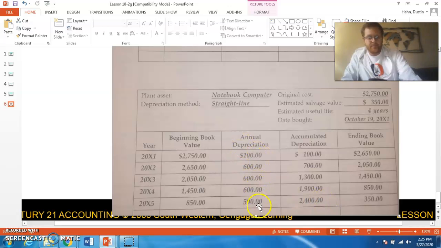If you guys look, this row resembles 1 full year. This row, 1 full year. This row, 1 full year. So right there's 3 years. This row resembles 2 months. This resembles 10 months. So 2 plus 10 is 12. Right here's 3 full years.